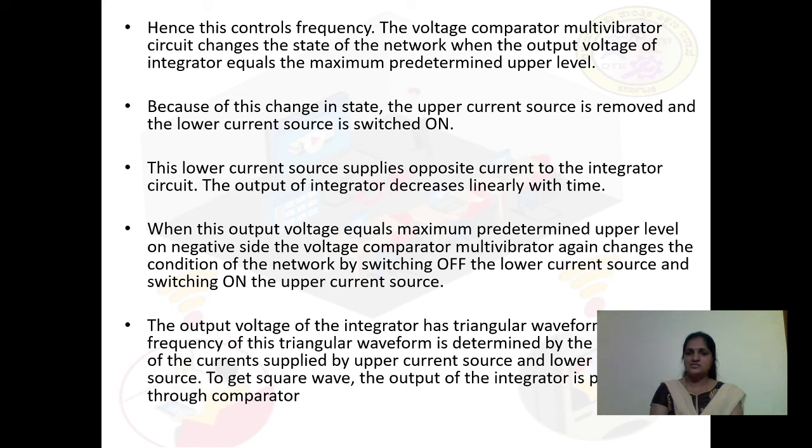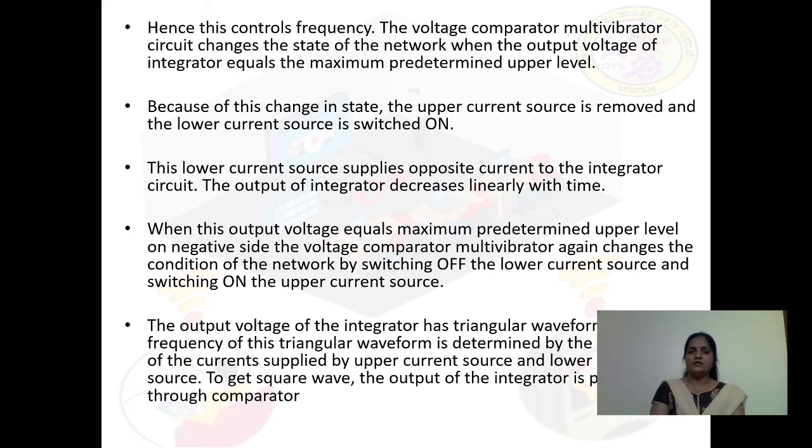Due to this change in state, the upper constant current source is removed and it will switch on to the lower constant current source. So if we connect the lower constant current source, the opposite current flows to the integrator circuit, and the output of the integrator decreases linearly with respect to time. By applying the upper constant current source, the output of the integrator increases linearly with respect to time.